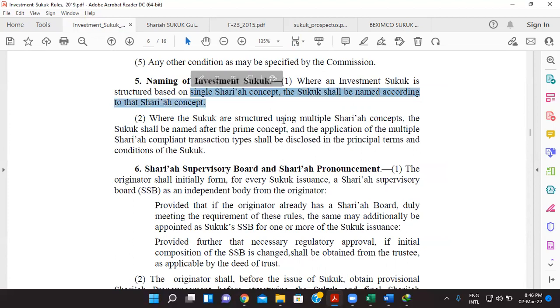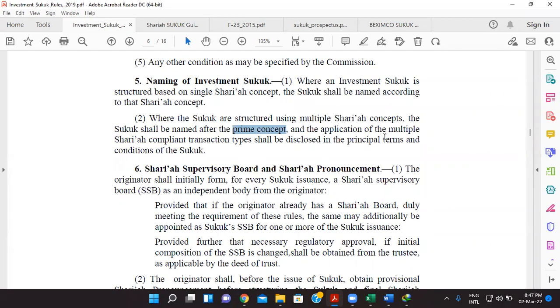Where the sukuk are structured using multiple Sharia concepts, say in that sukuk you have both istisna, and you also have included the musharaka concept. In that case, your name should reflect not both or multiple concepts. Rather, you have to find out which concept is the main concept. Your name should reflect that prime concept.